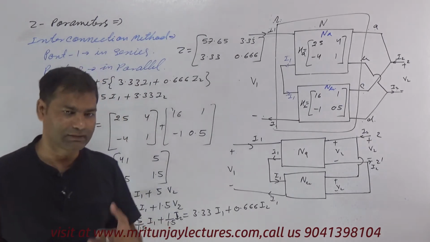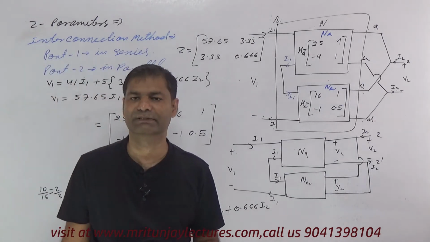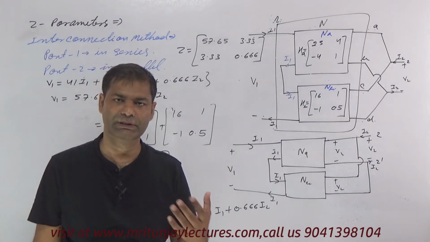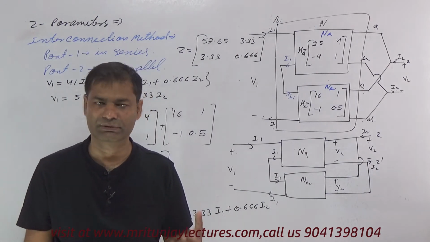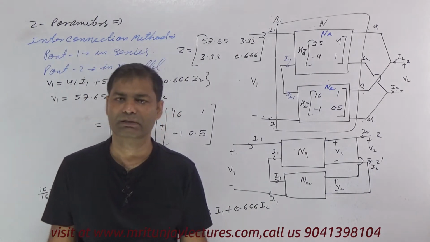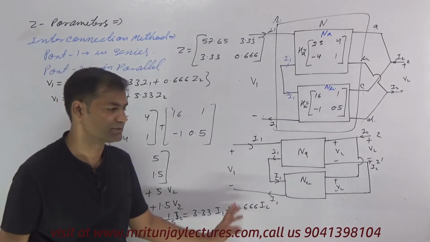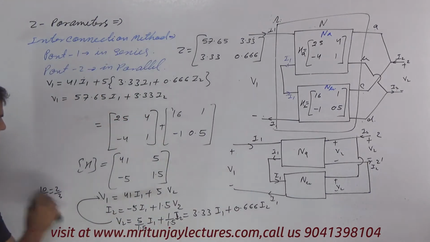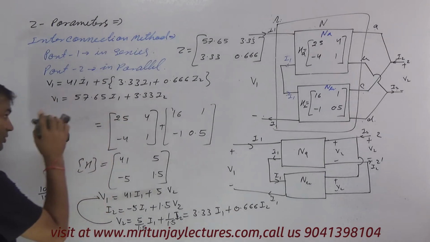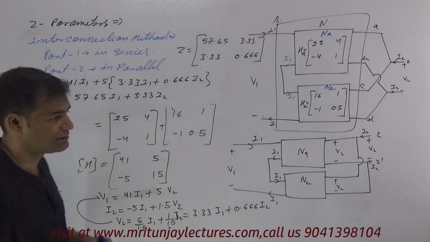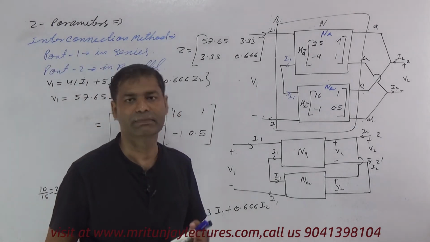Otherwise, in a subjective way, sometimes the exam asks don't use the interconnection method, you can use the conventional way. Okay, then utilize this formula. So first of all, we got the same answer in both methods.